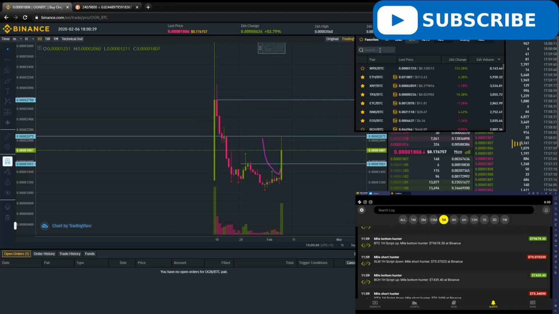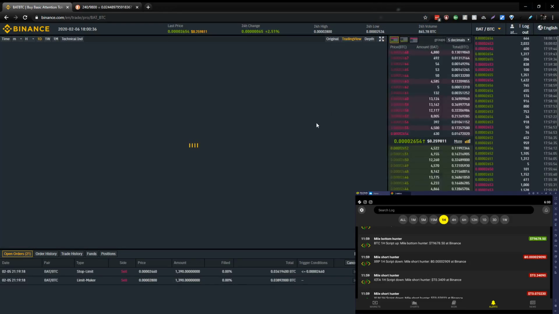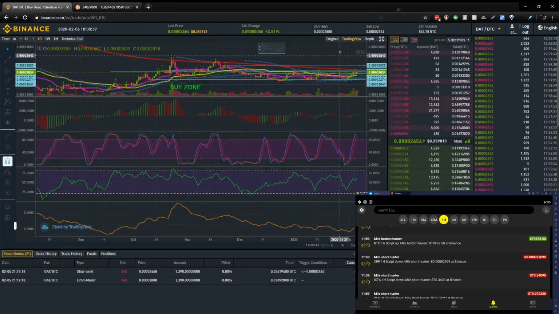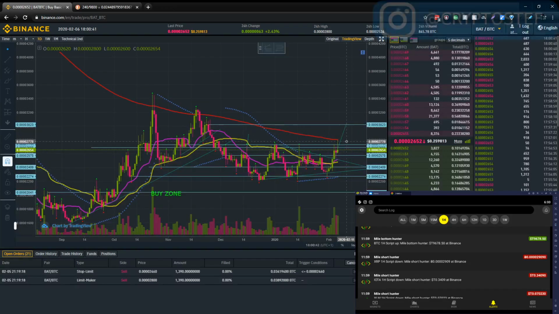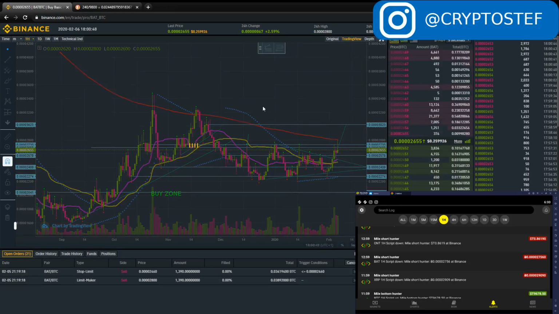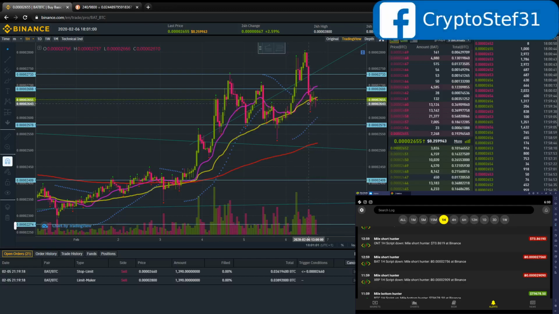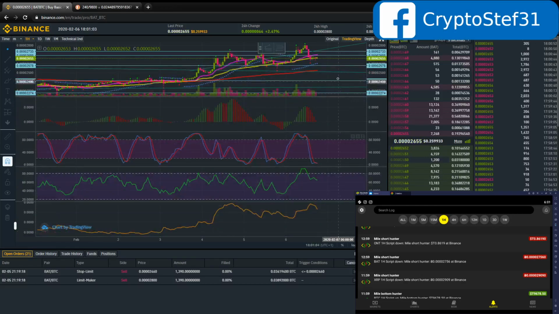Also, here are my alerts on BTC. So BTC is currently retesting this high on the 1 hour. So if this wants to continue, it needs to hold this 2620.